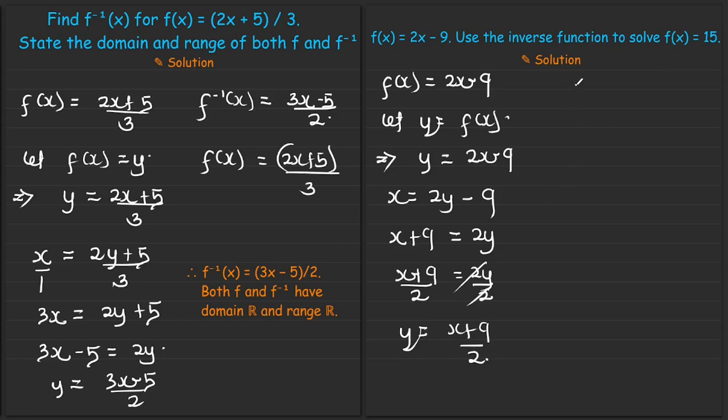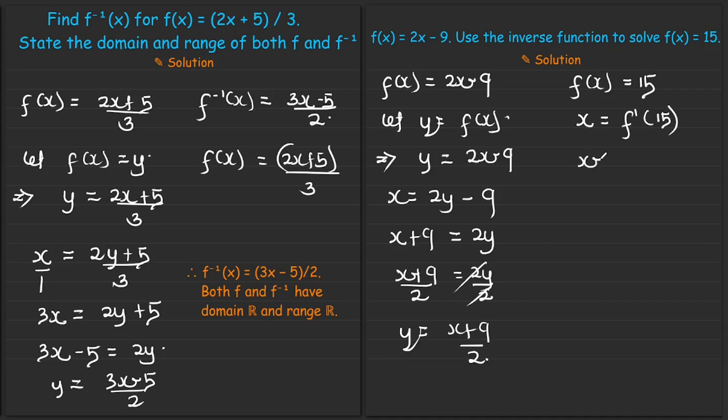So we can say to solve for f of x, which gives us the 15, we can simply do that by using the inverse. And we know the x value is simply the inverse of what? 15.